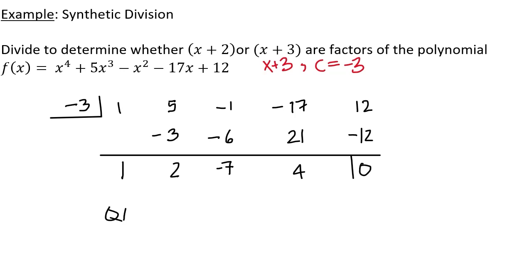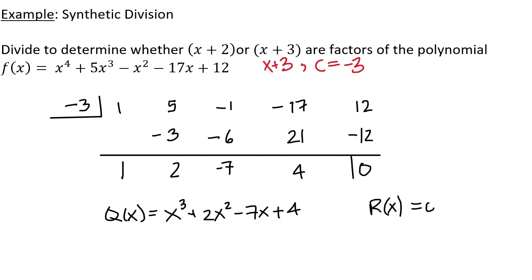So the quotient will be x cubed plus 2x squared minus 7x plus 4. The remainder in this case is 0. And the factor, of course, is x plus 3. So I could say f of x has the factor x plus 3 times x cubed plus 2x squared minus 7x plus 4.